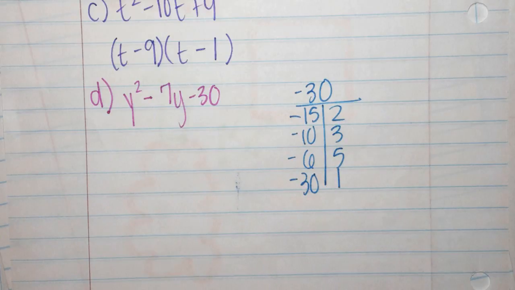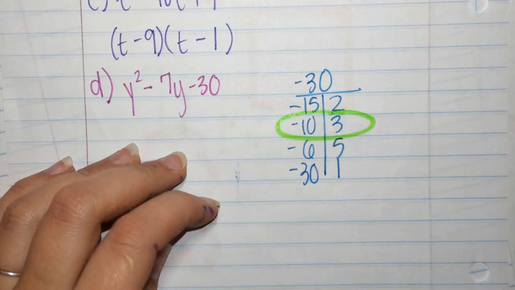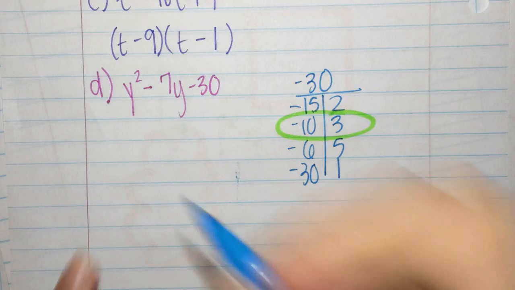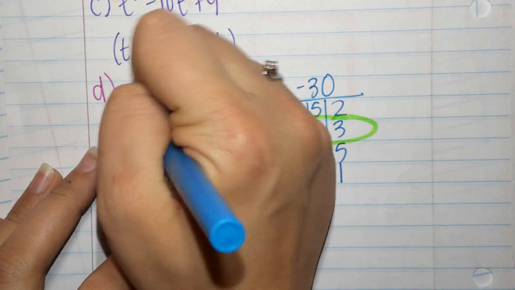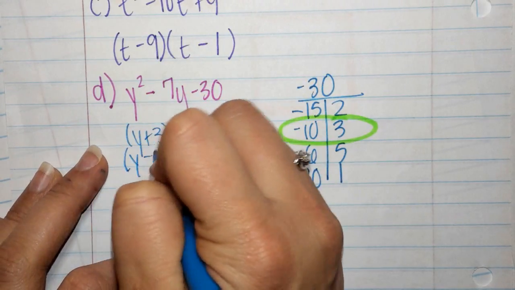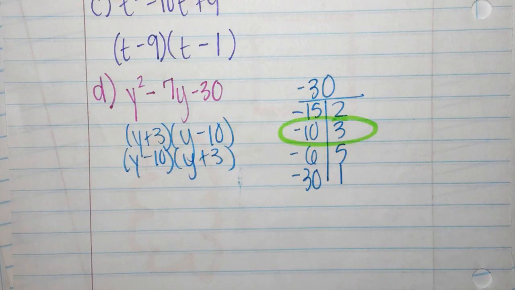But we have to add to get what? Negative 7. It's that one. So then, when you're putting it in parentheses, it still doesn't matter what order you put it in. I could write this as y plus 3 times y minus 10, or y minus 10 times y plus 3, as long as the plus and minus are with the correct number.